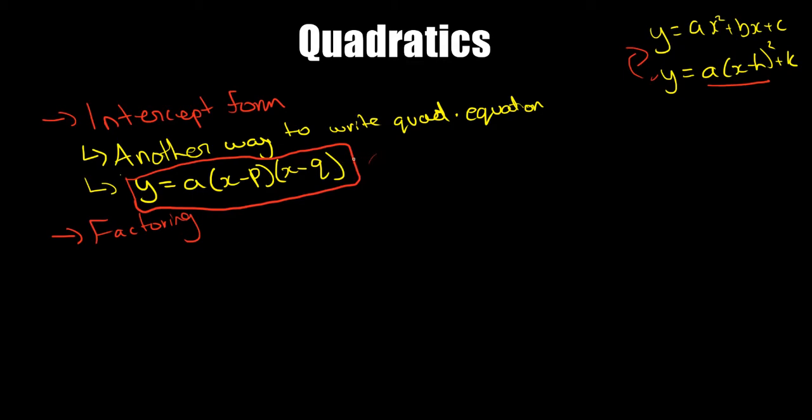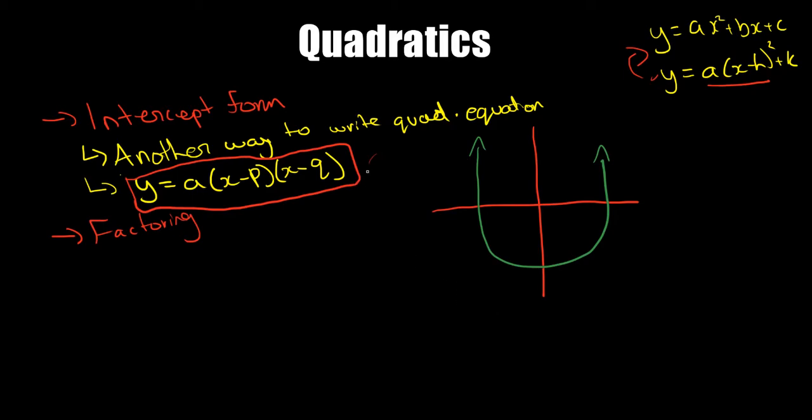Now let's go a little bit more in depth into what exactly it shows us. I'm just going to draw a little graph over here to show you exactly what intercept form tells you. Intercept form can tell you two big things.